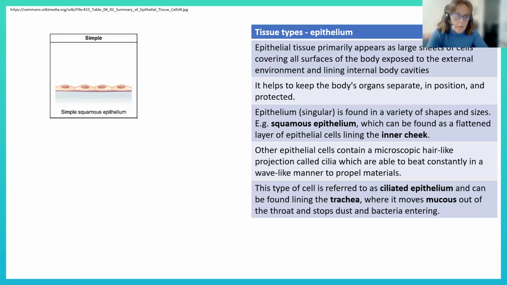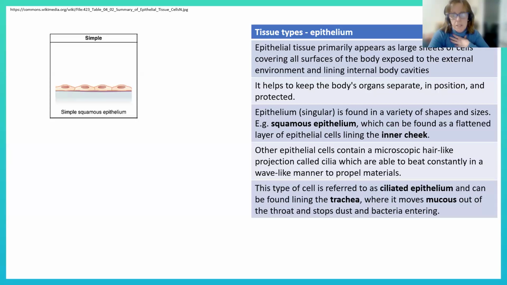So if we have epithelial tissue like this, or epithelial cells that have got cilia on them, we call it ciliated epithelium. We have some in the gut, we have some in the female reproductive tract, and we have them in the respiratory tract as well. So the upper respiratory tract.